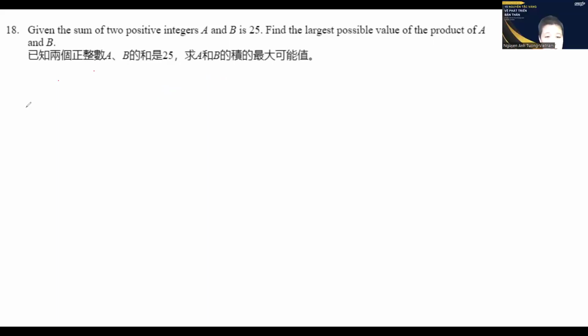First the nearest numbers will make the greatest product. So I divide 25 by 2, but have one left over.